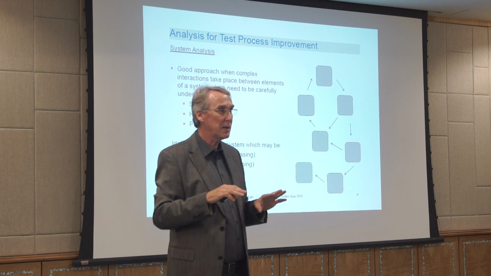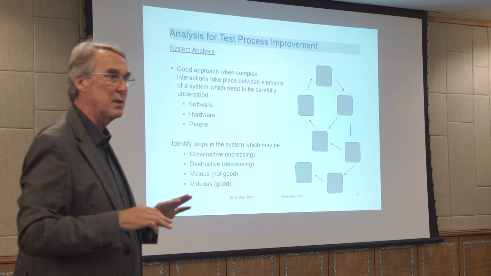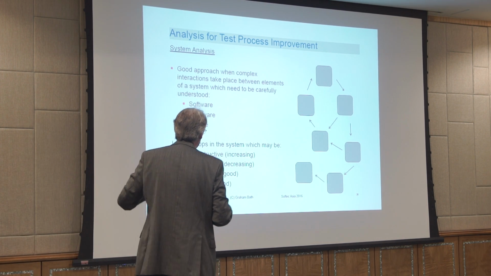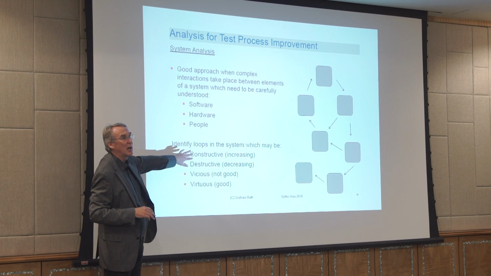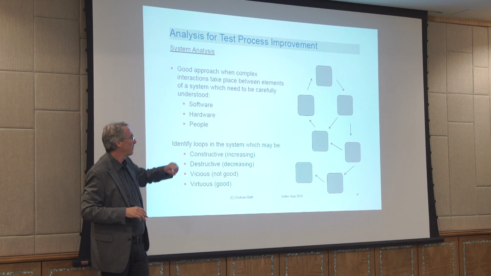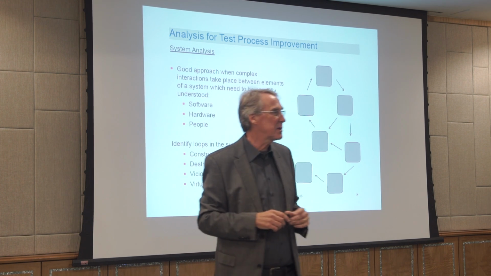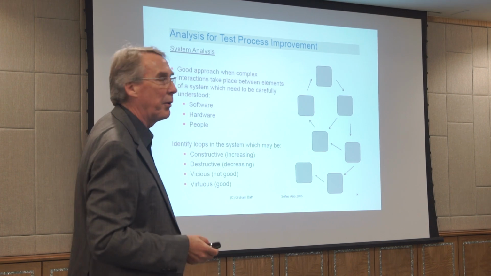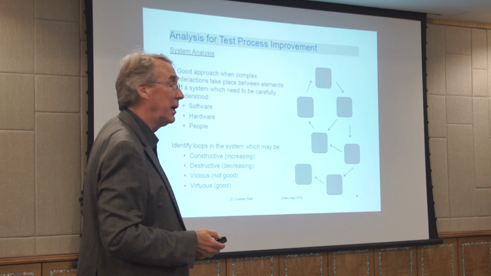And systems analysis tries to identify areas in your system where there can be particular things happening. You're looking at loops in your system. Can you see any in that system there? Is there any loop that you can see where you say, well, it doesn't go from end to end, it keeps going around? Can you see that? Anything?